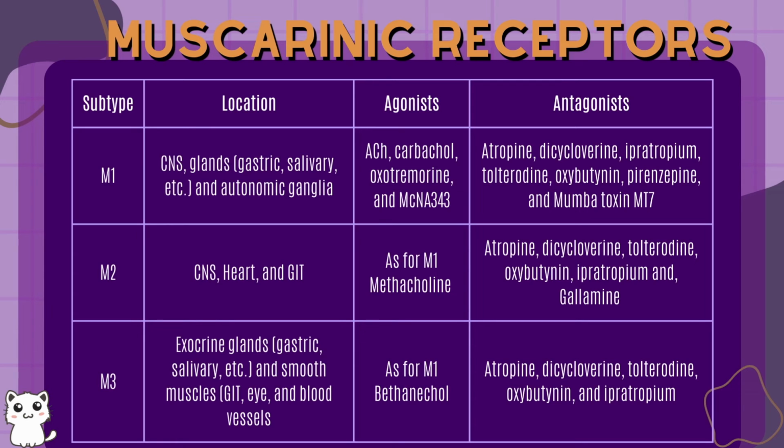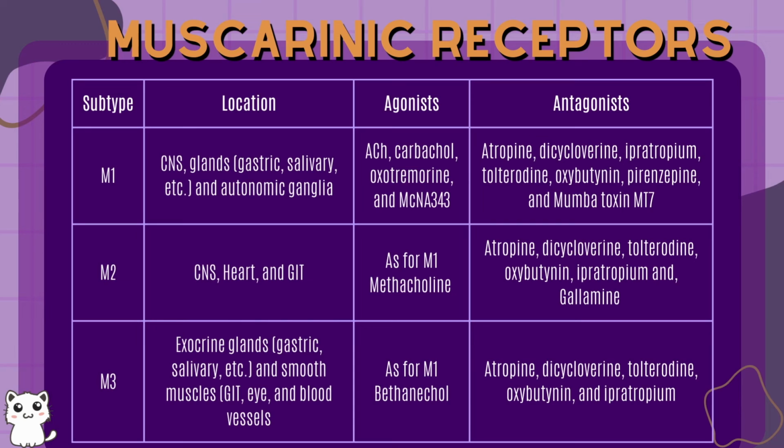The antagonists for subtype M1 are atropine, dicycloverine, ipratropium, tolterodine, oxybutynin, and so forth. Meanwhile, subtype M2 can be found in the CNS, heart, and GIT. Its agonists are the same as for M1, and in addition, methacholine. Its antagonists also include atropine, dicycloverine, tolterodine, and so forth.